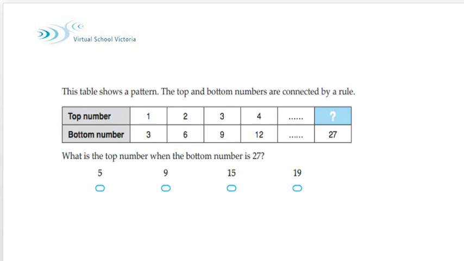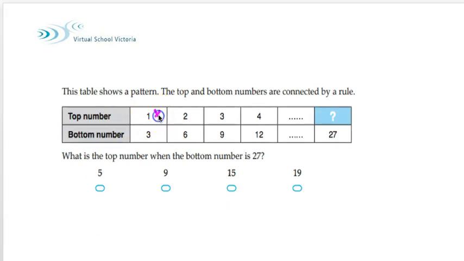What do we have here? We have numbers organised in a grid and going across in rows and down in columns. The question tells us that there is a pattern and there is a rule connecting the tables there. Let's have a look.